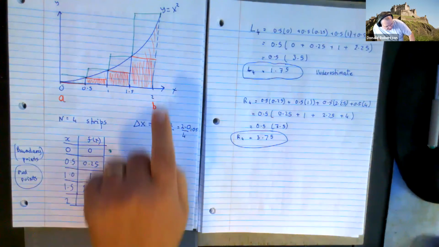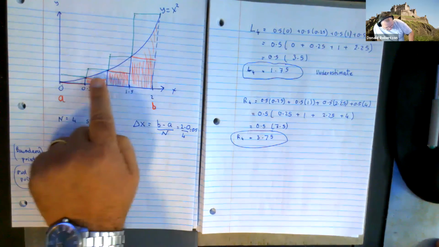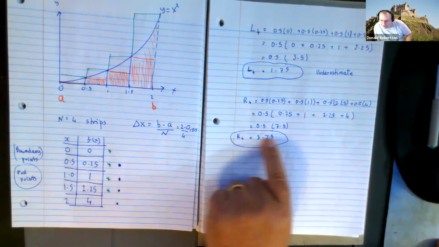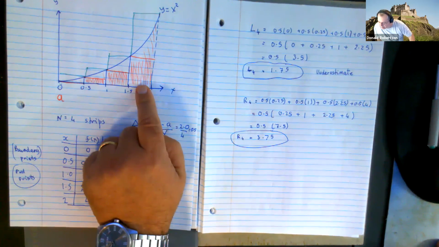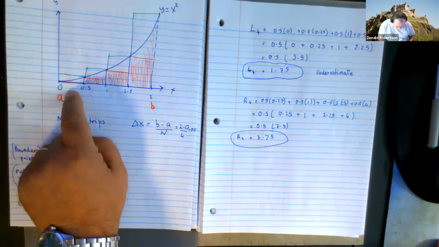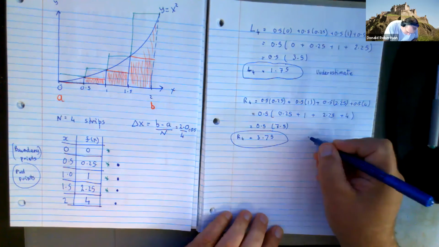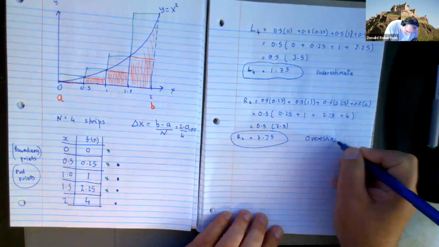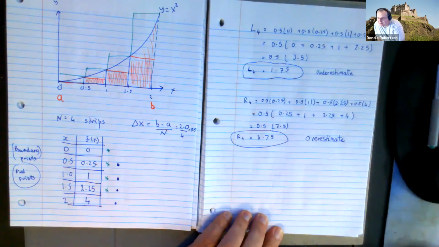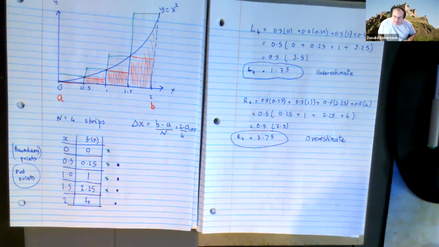Would you agree that these green rectangles, which is what R4 is using, are bigger than the real answer, the true answer? So we call that, not surprisingly, an overestimate. And now I know something.